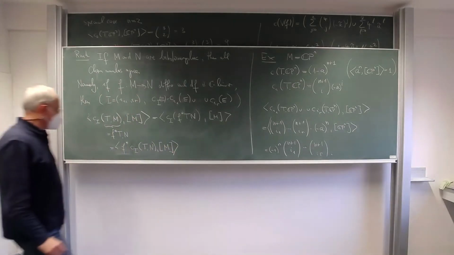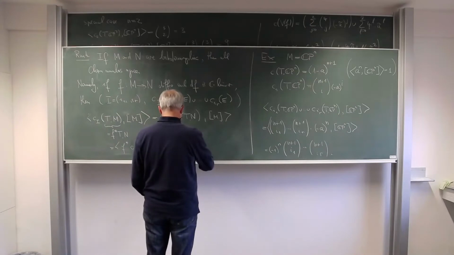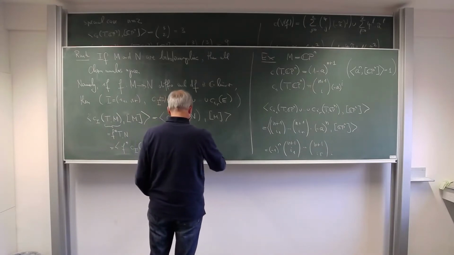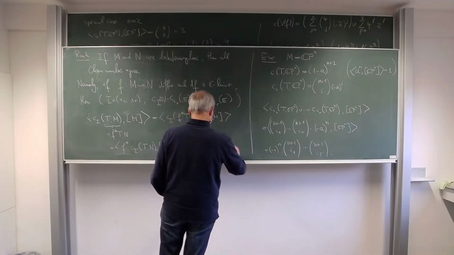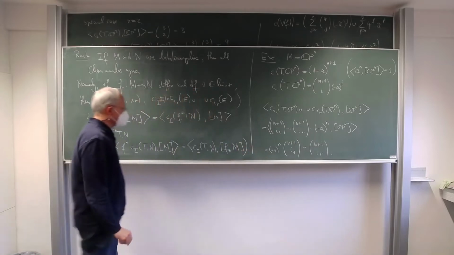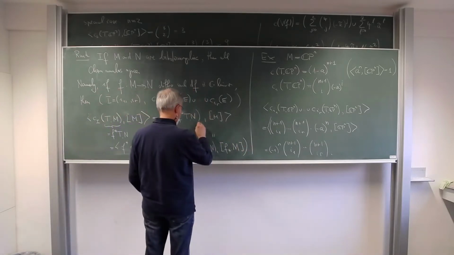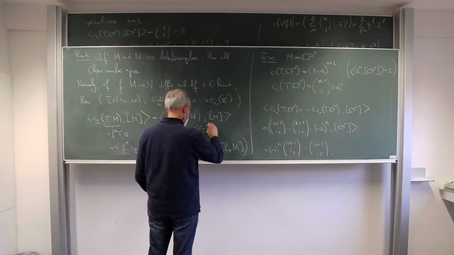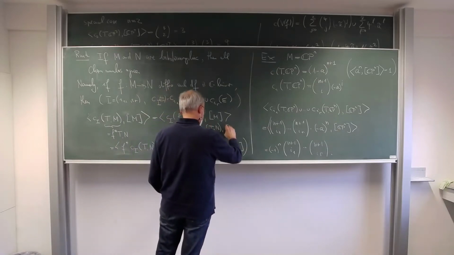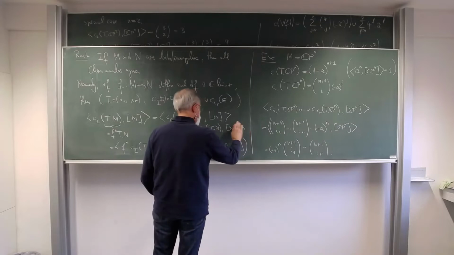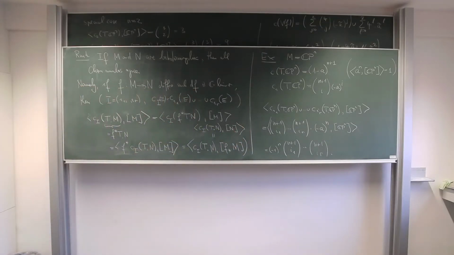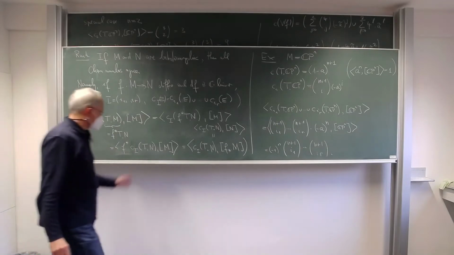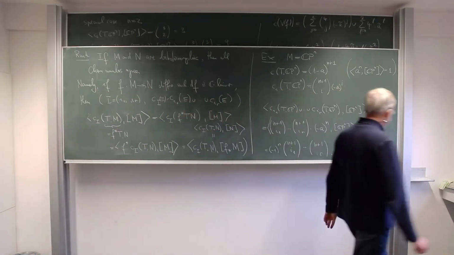And this is the same as Ci of TN integrated over the image under this map of M, which is N. If you write this as an integral, this is the diffeomorphism invariance of integrals of differential forms.